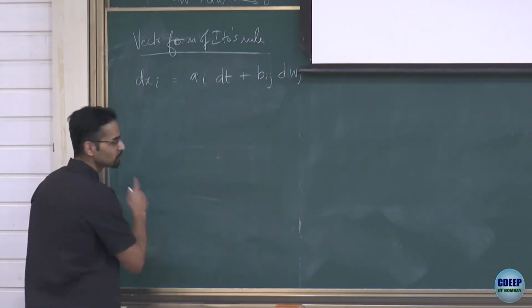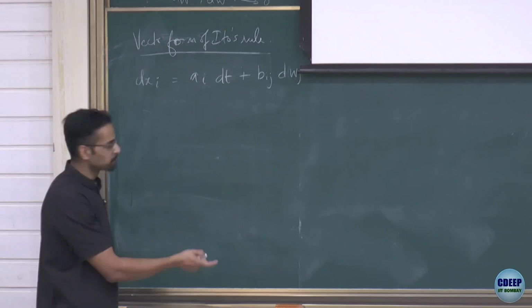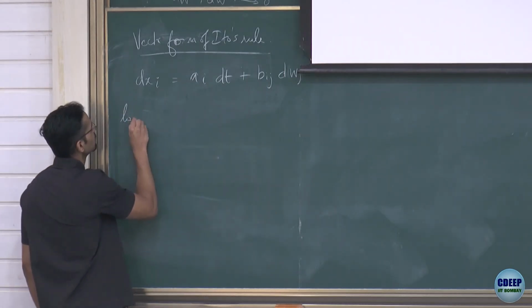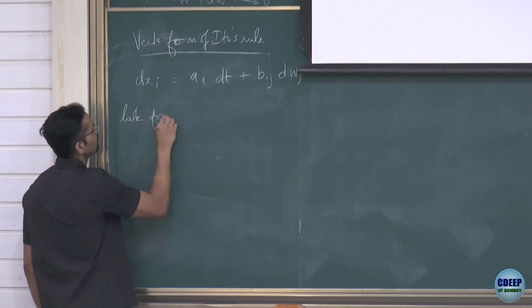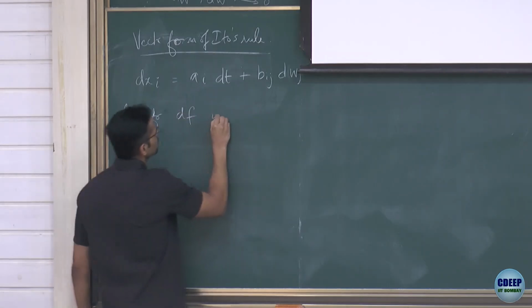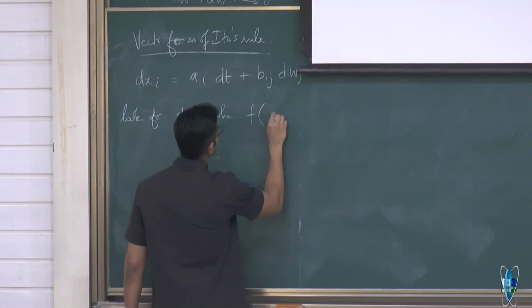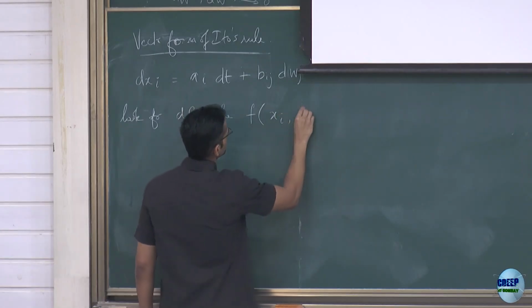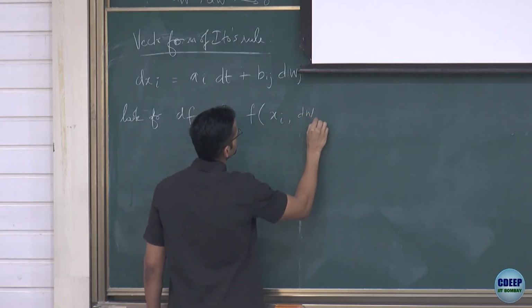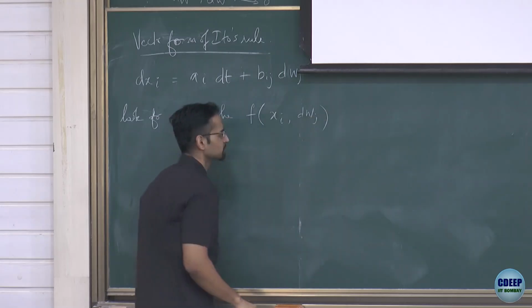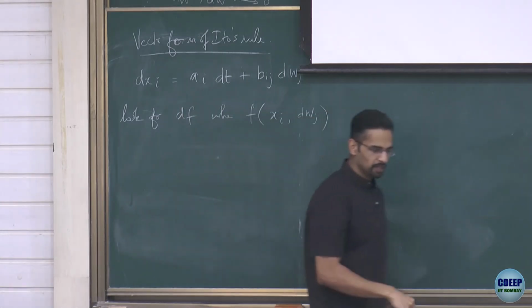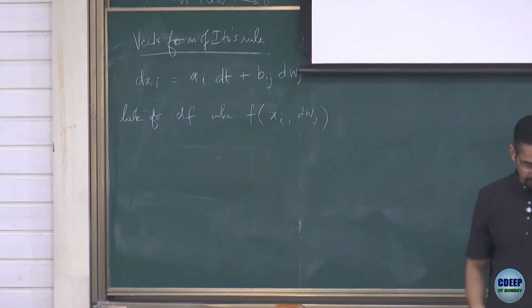Now when I apply Ito's rule, I would do exactly what I did before. I want to look for df, right? Where now f is a function of the x_i's and the Wiener processes W_j, of x bar and the Wiener processes.